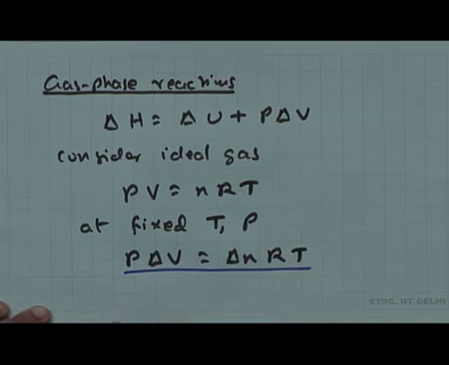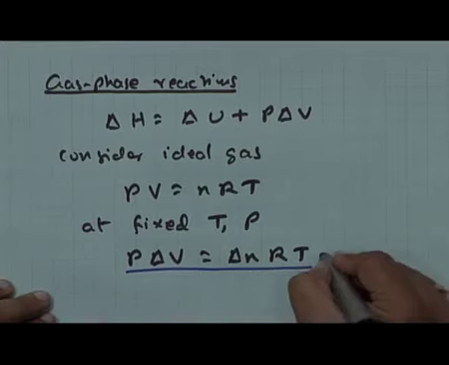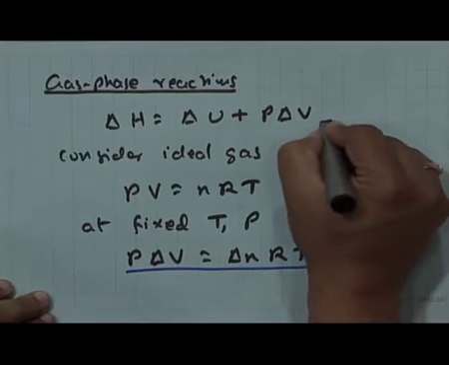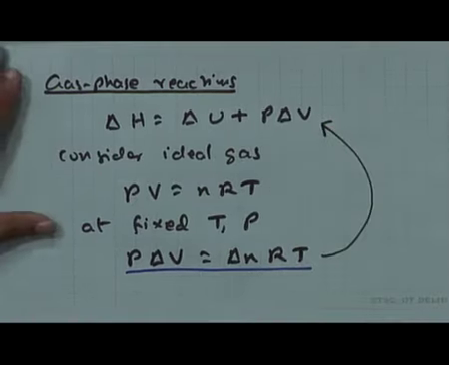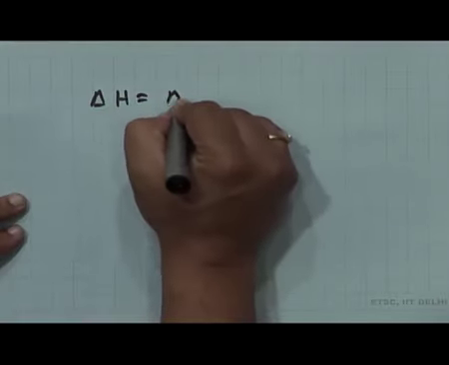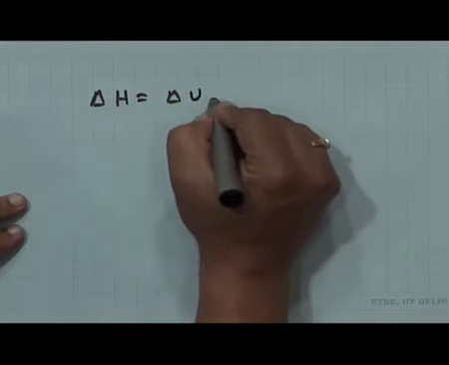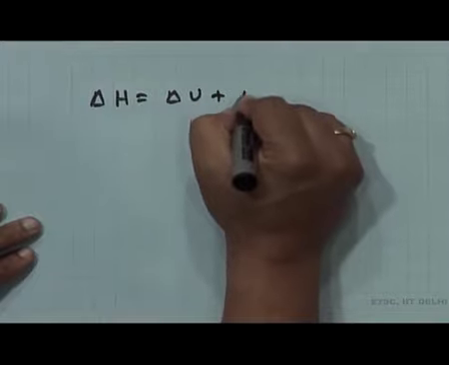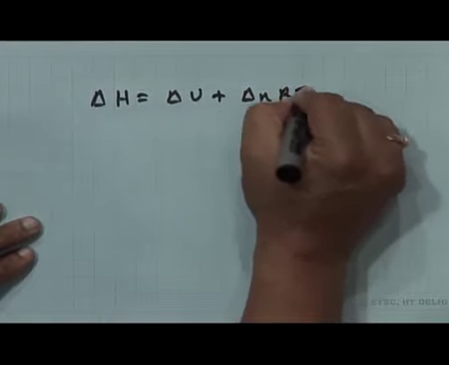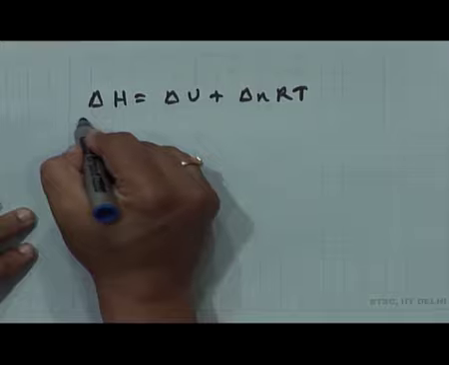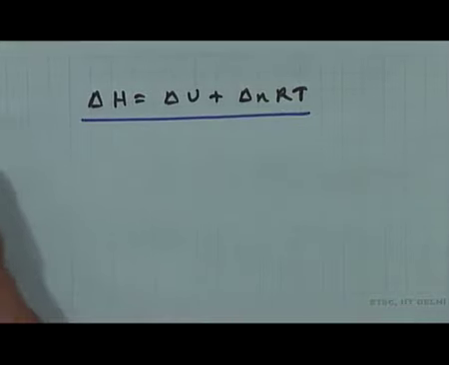So, what we can do now is take this P delta V is equal to delta n RT and use it back in this equation. Using this, what are you going to get? We are going to get delta H is equal to delta U plus delta n RT. What is delta n?